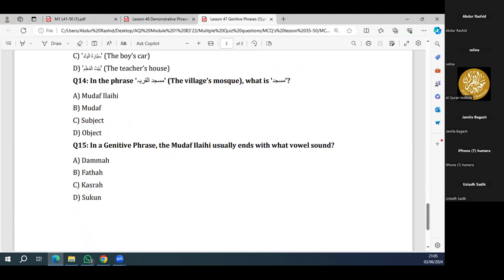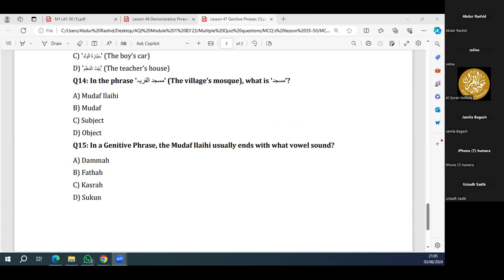In number 14, in the phrase Masjidul Qarya, the village's mosque, what is Masjid? And question 15, in genitive phrases, the mudaf ilayh usually ends with what vowel sound?